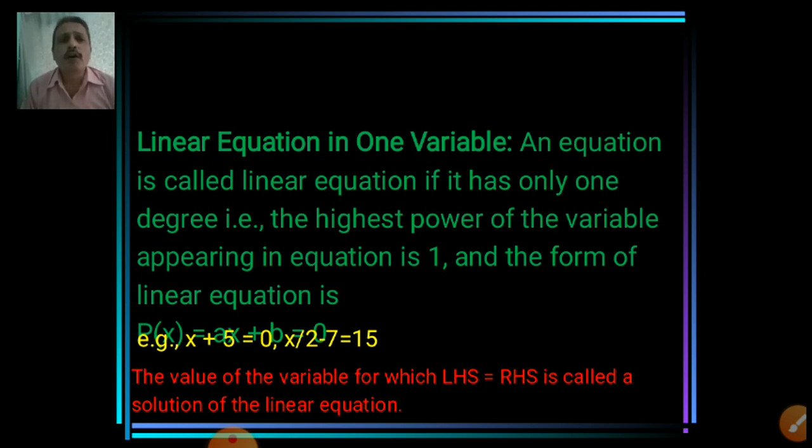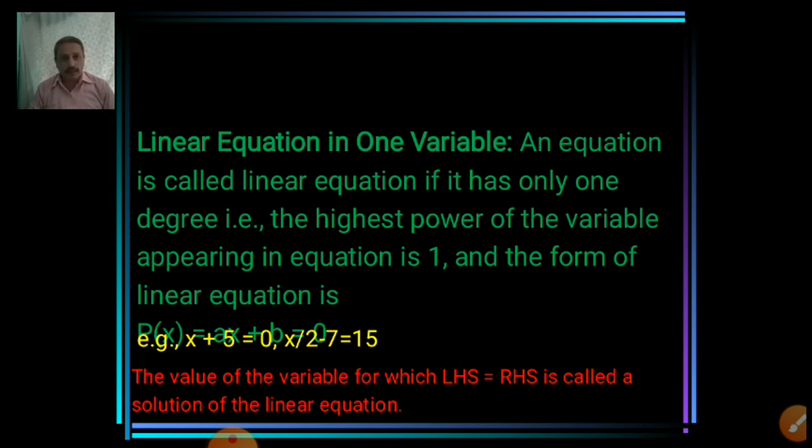And the form of a linear equation is like this: ax plus b is equal to 0. Or you can say, for example, x plus 5 is equal to 0.